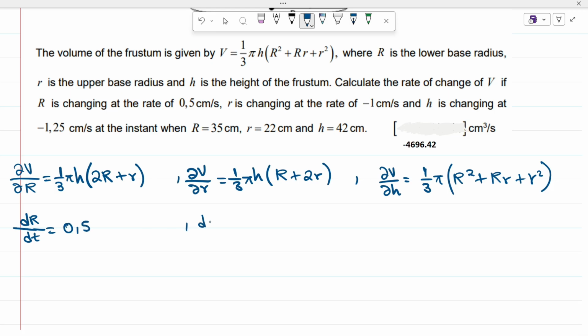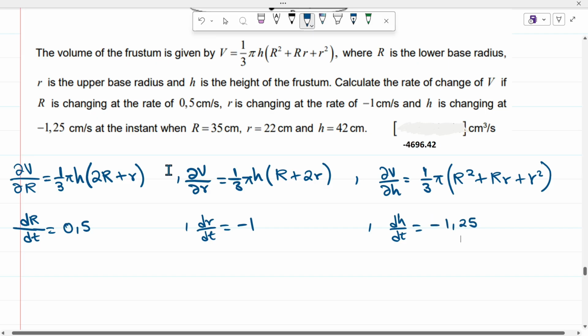The rate at which small r changes with time, we were told, is -1, as well as the rate at which height changes with time. We were told that it is -1.25.